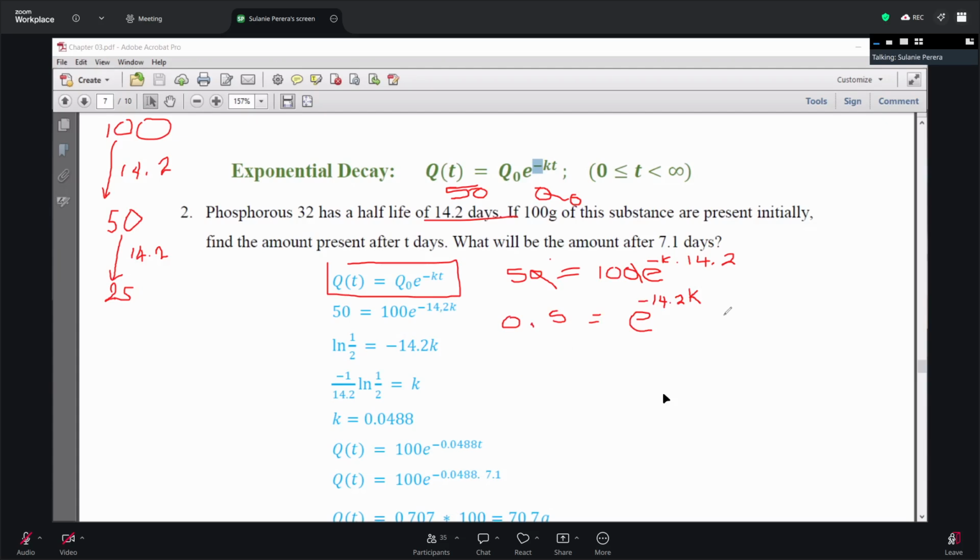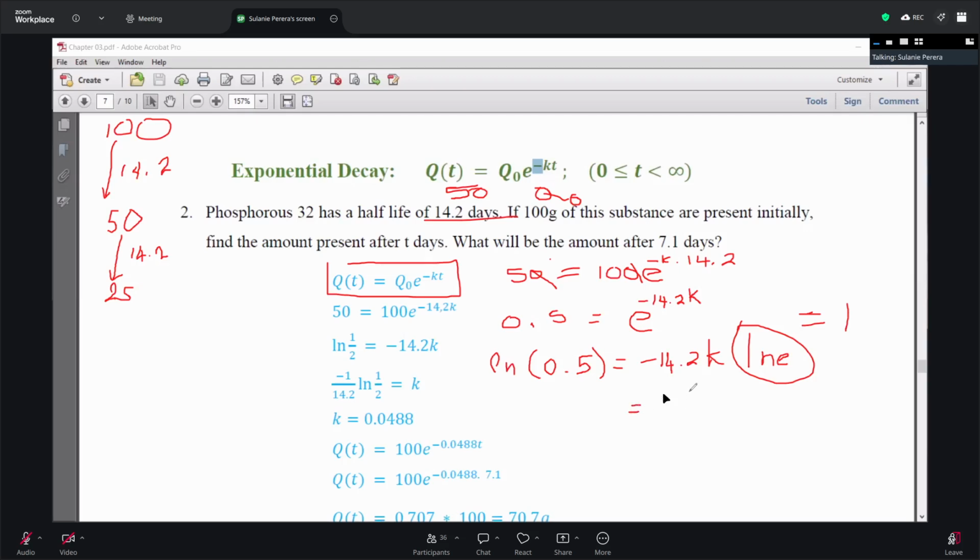Now, how can we remove this k from here and bring it over here? In order to remove it, you have to take natural log on both sides. So, ln 0.5 equals minus 14.2k ln e. So, ln e is 1.